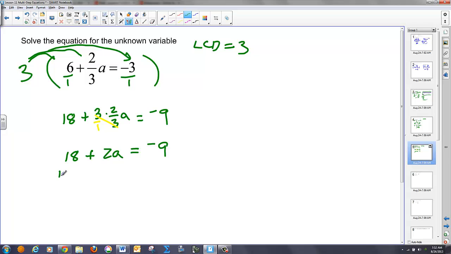So I'm going to add negative 18 to undo that, or I could subtract 18, it doesn't matter. So in this case, I have 0 plus 2a is equal to, both these terms are negative, so I keep that sign, add up, I get negative 27. And then I'm going to multiply by a half, or I could divide by 2. So I get negative 27 over 2 is equivalent to 1a.